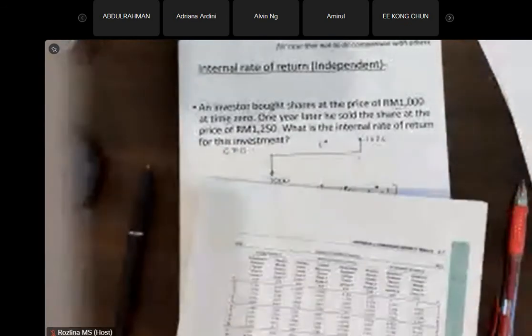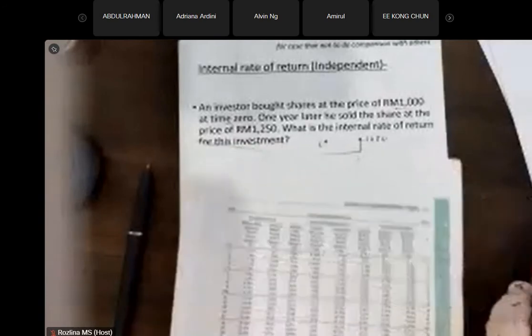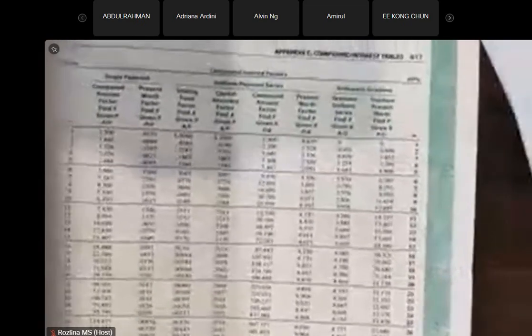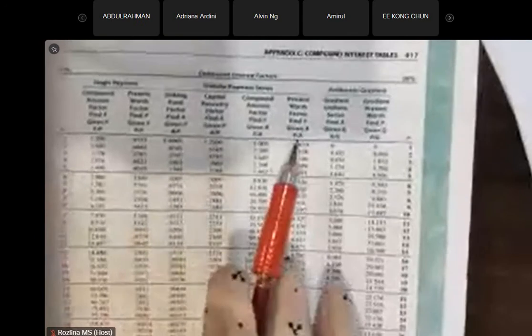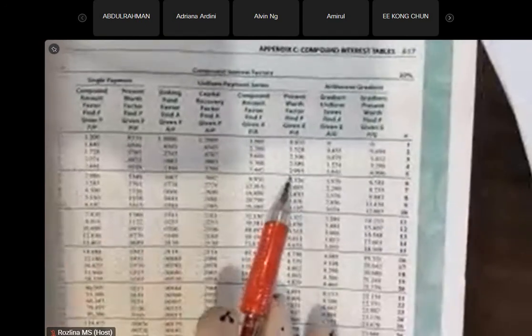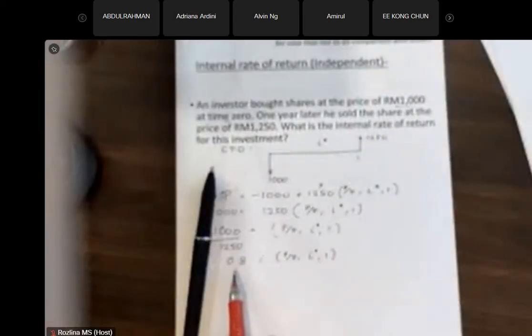Let's say I start with 20. Can you see? Okay, 5, P over A, this one P over A and 5, so it is 2.991. Is this P over A? P over F, sorry.